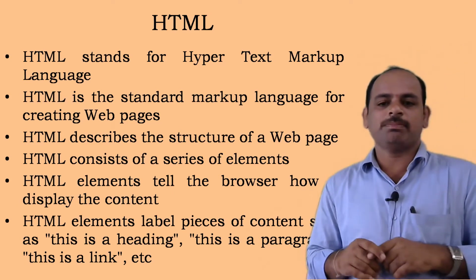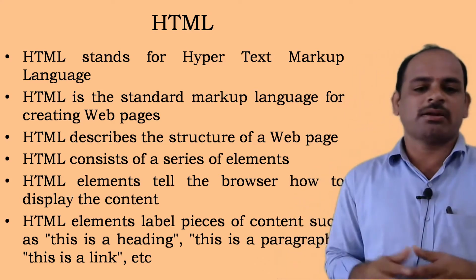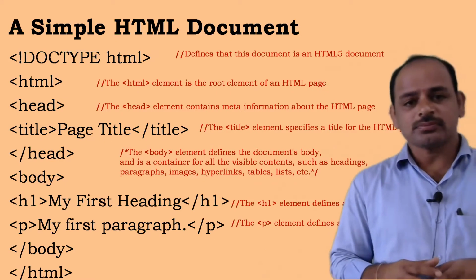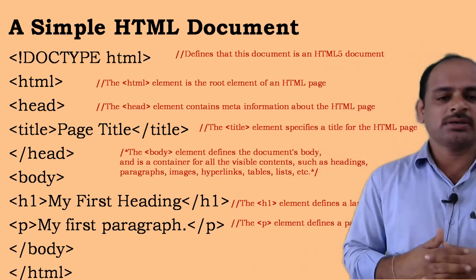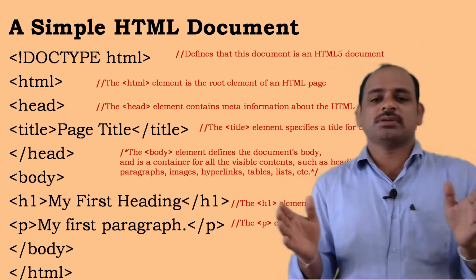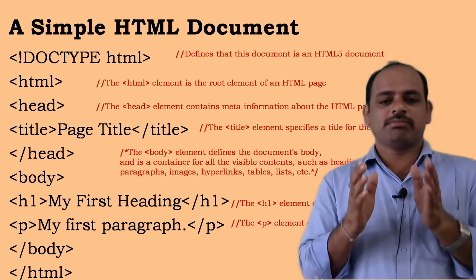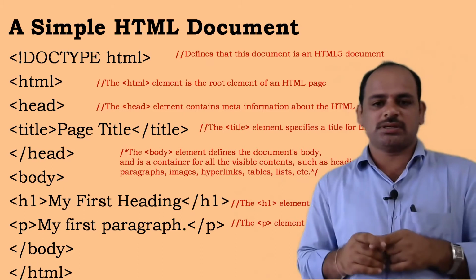HTML elements label pieces of content, such as this is a heading, this is a paragraph, like this, right? Next, this is one simple HTML document you can see here, and this HTML document simply displays my first heading, my first paragraph message in the web page, right?